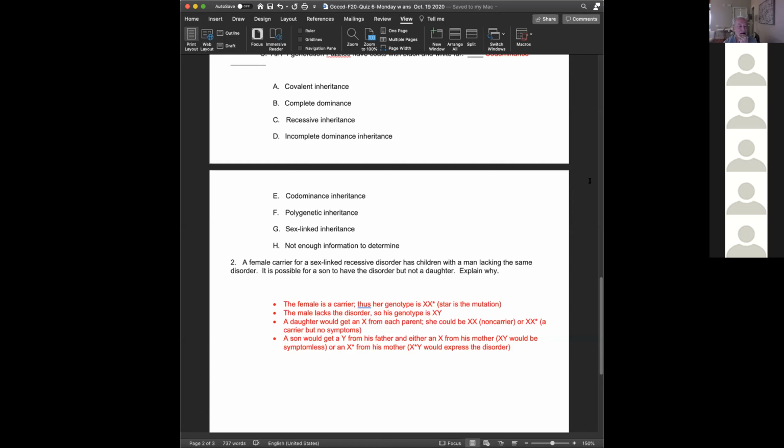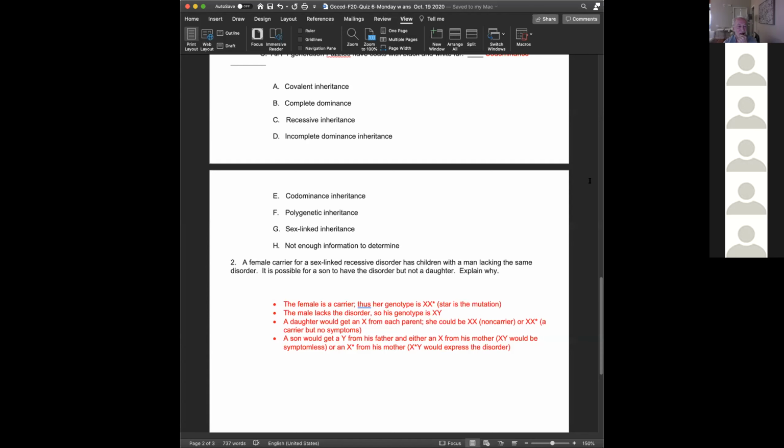One of the daughters would get the dominant X from the father as well as a dominant X from the mother. A second daughter would get the dominant X from the father and a recessive X from her mother, which would also make her a carrier, but she would not have the disorder. The other daughter would get a dominant X from both parents and be completely unaffected.